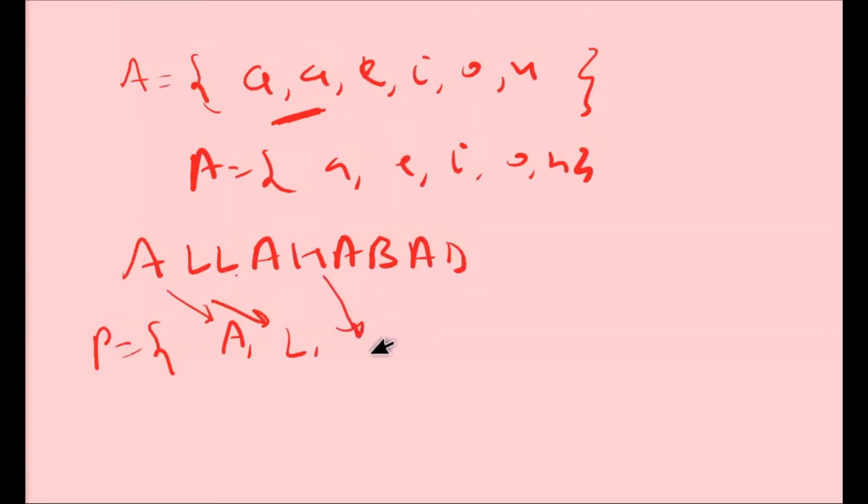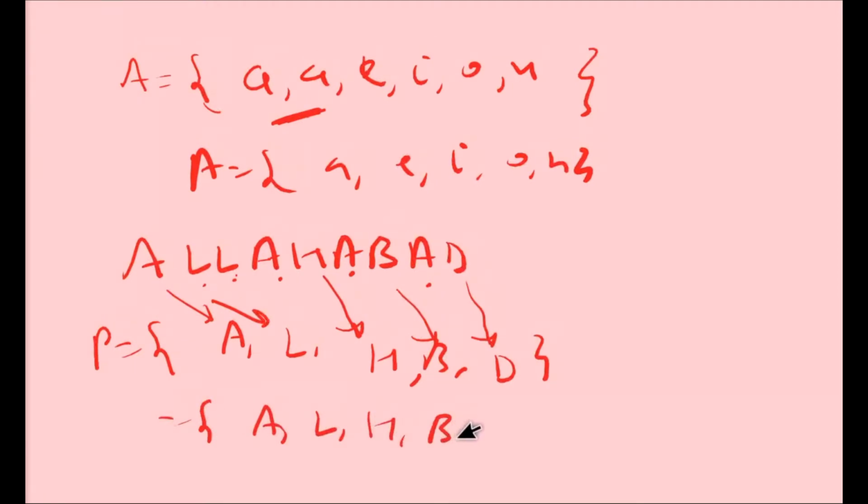Then we use H, A is already there. Now B, we can write B, and A already appeared, and D. So how many members can we write here? We can write only A, L, H, B, D. Okay, using the letters of this word, we can find a set.